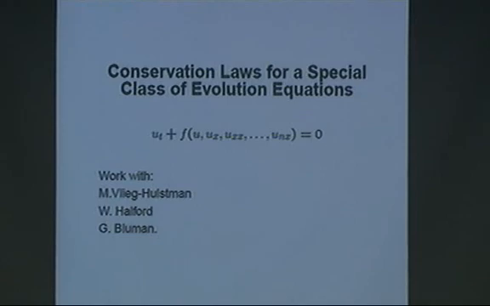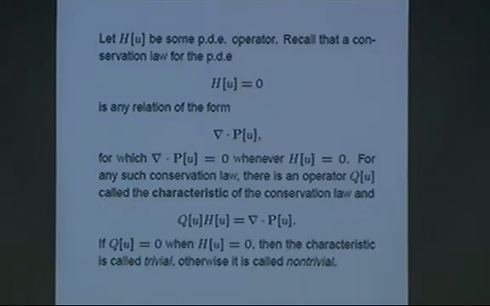Well, let's just maybe review just briefly what we're on about with conservation laws. We've got a differential equation of some sort, and we're looking for this type of a relationship here, a perfect divergence. Now, the nice thing that connects this, of course, is that there has to be another operator out there, Q, the characteristic.